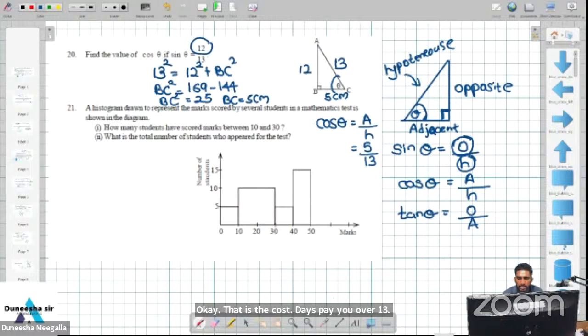If you finish the 20th question, raise hand. විශ්ව ඉවරණ raise hand කරනවා.